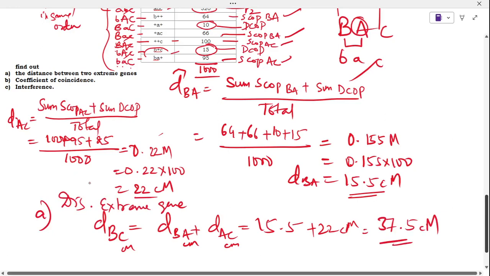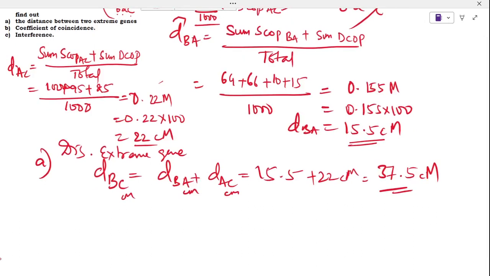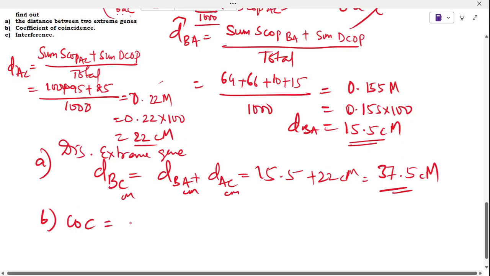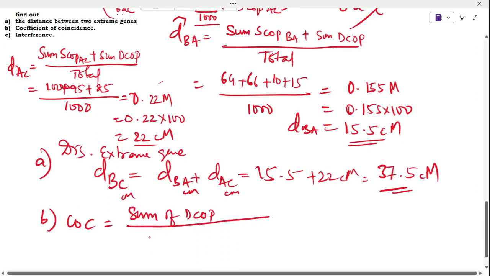The second one is coefficient of coincidence. You already know the formula. The coefficient of coincidence is equal to sum of double crossing over product divided by the distance between BA in Morgan, the distance between AC in Morgan, into the total number of offspring.